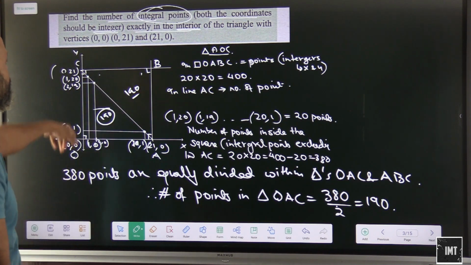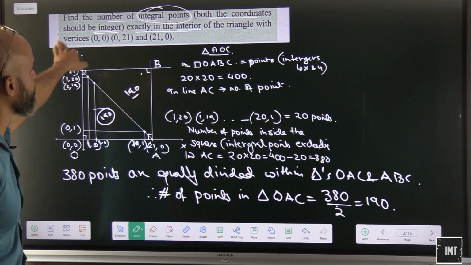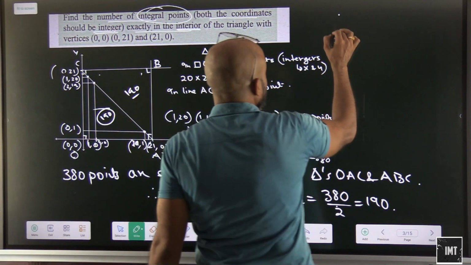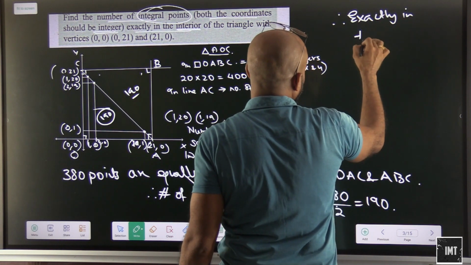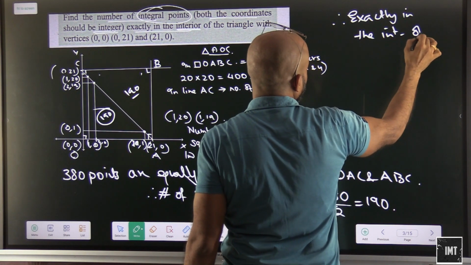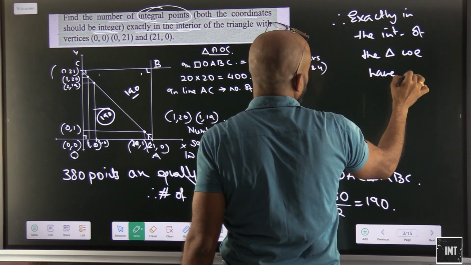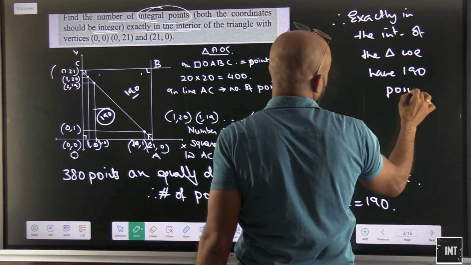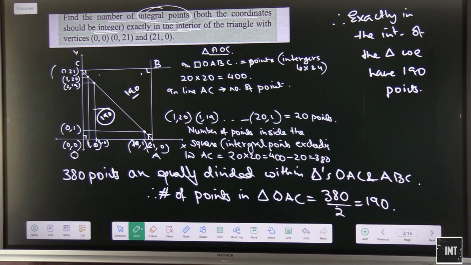This is the number which was required to be found: the number of integral points, both coordinates integers, exactly in the interior of the triangle. So we have 190 points. That would be the exact answer here.